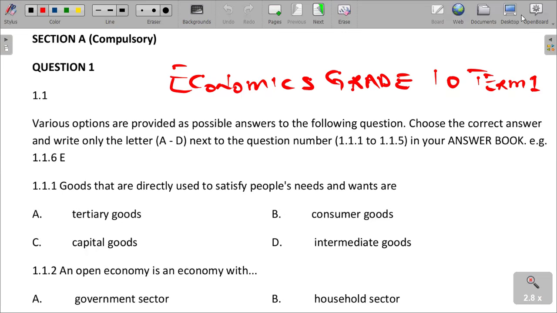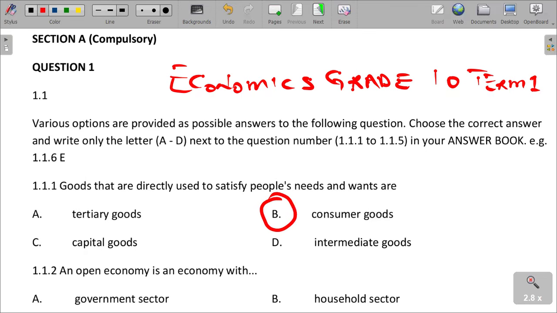Consumer goods, we are saying they are bought for satisfaction or for direct consumption in order to satisfy people's needs and wants. So capital goods, we are saying they are bought for resale. They are bought in order to make money, in order for them to continue being used in the production chain or in the distribution chain.